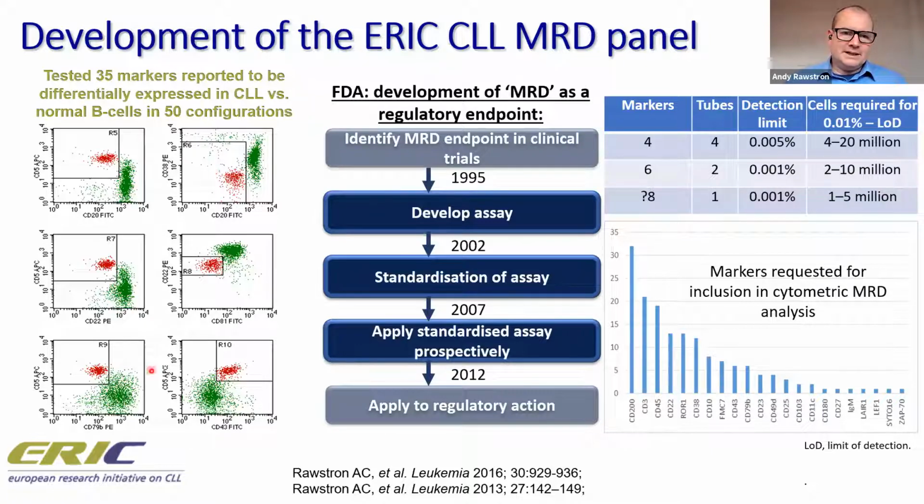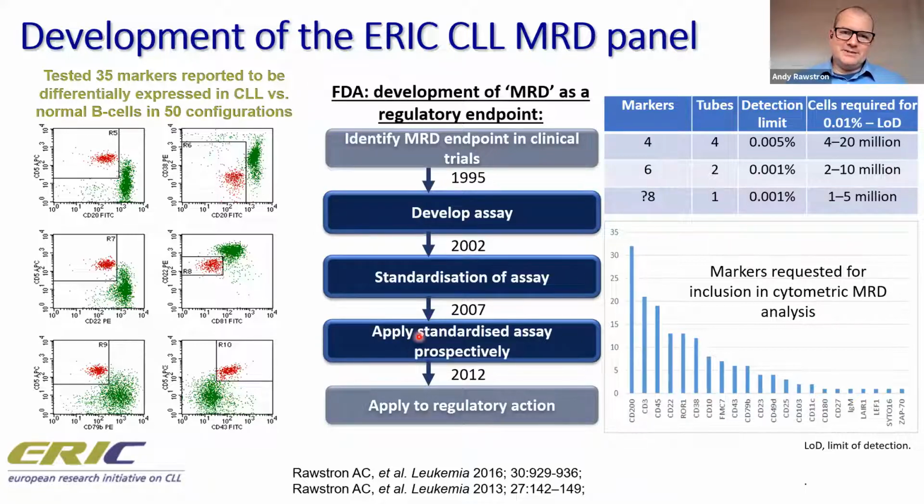When we were looking early on at a consensus panel, regulators were also saying this is what we want for an MRD assay, and they were saying that at the point at which you've developed and standardized it so that everybody's using the same assay, you're still looking at another 5 to 10 years before you can use that to approve a drug.